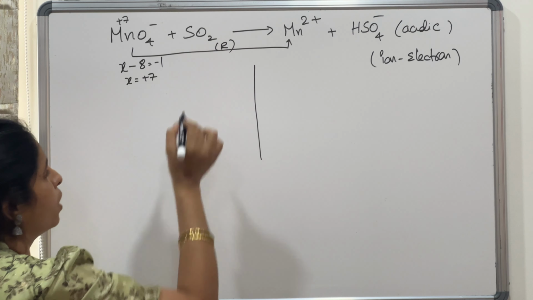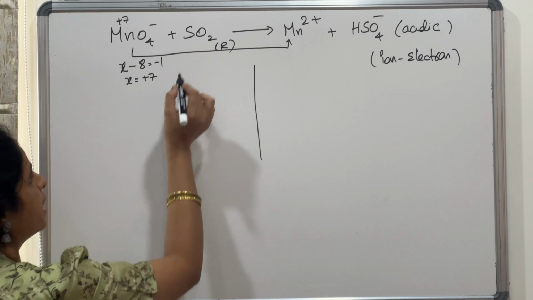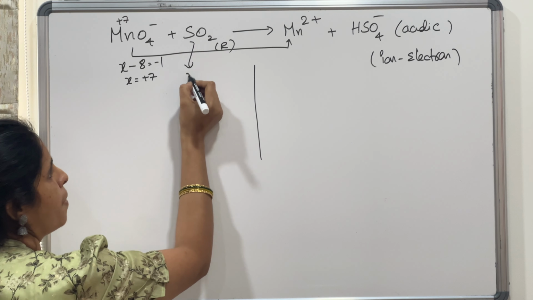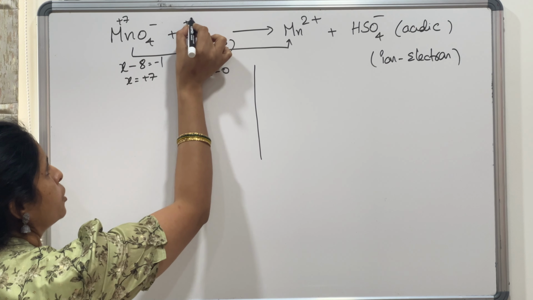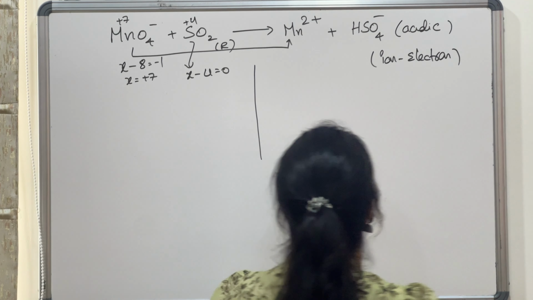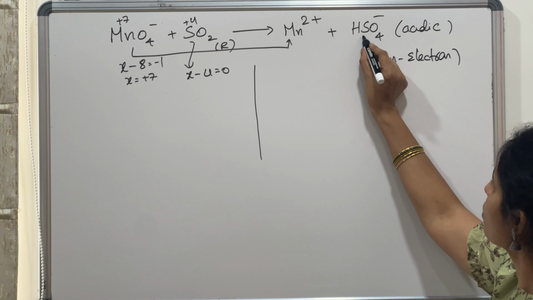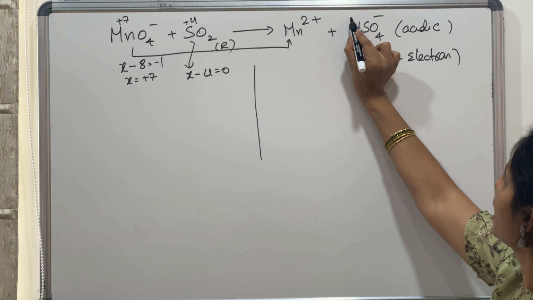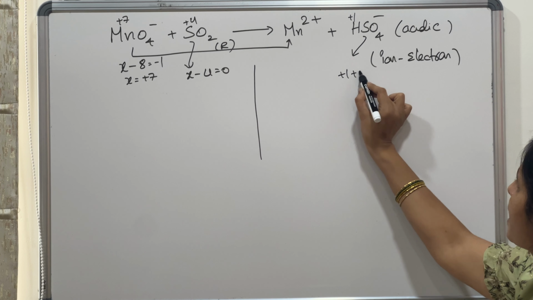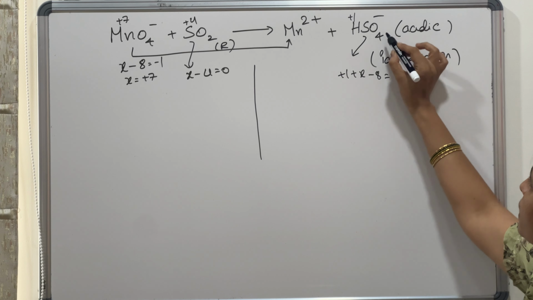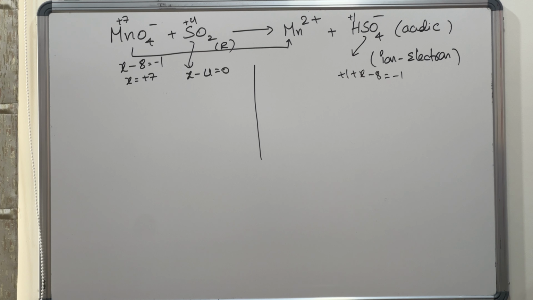Now here SO2. Here X minus 4 is equal to 0, so X is equal to plus 4. S is plus 4. Now what is the oxidation state here? Here hydrogen plus 1, plus X, minus 8 is equal to minus 1.